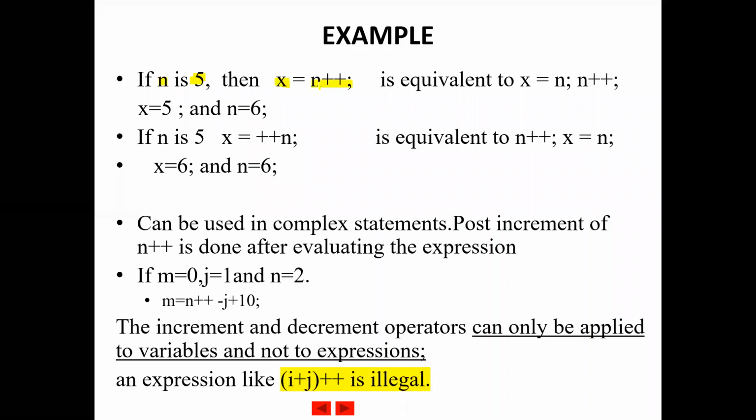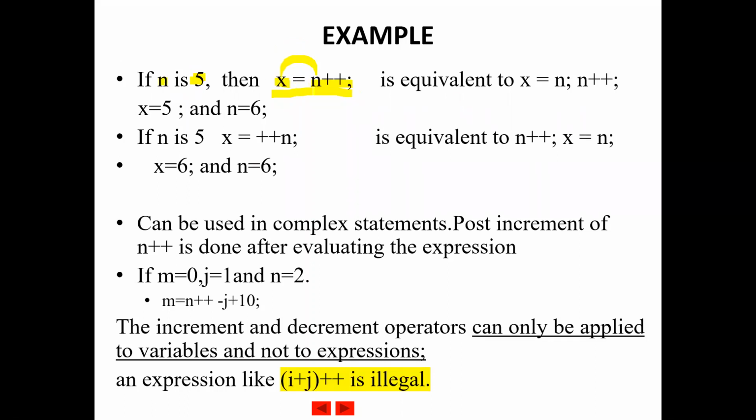It is not prefix, it is post, after. First you assign the current value of n to x, and then we increment the value of n. Is it clear? Even if you see this as a single assignment, it happens in 2 steps. Listen here.